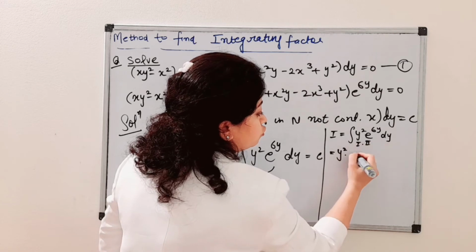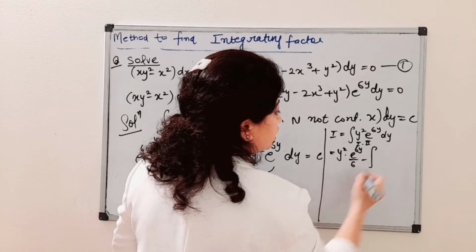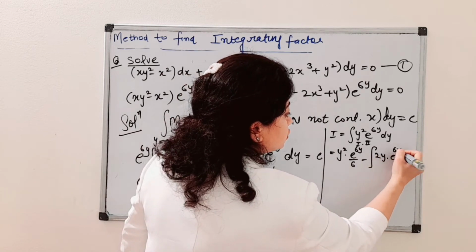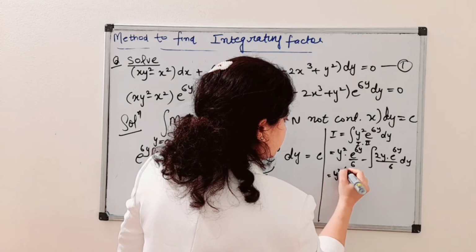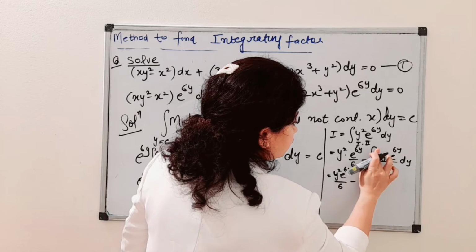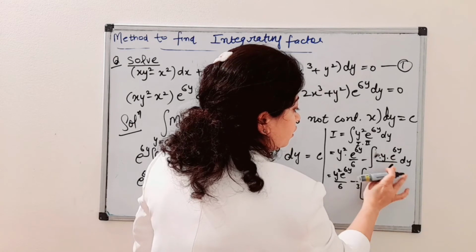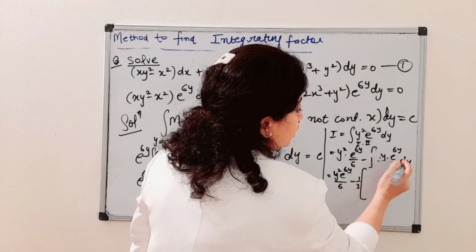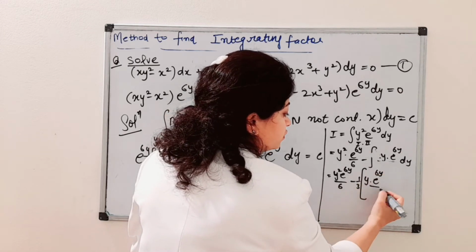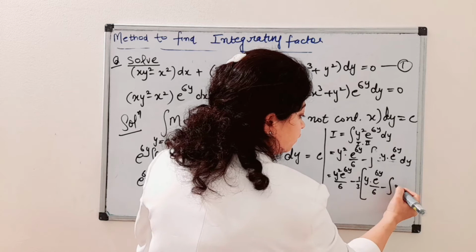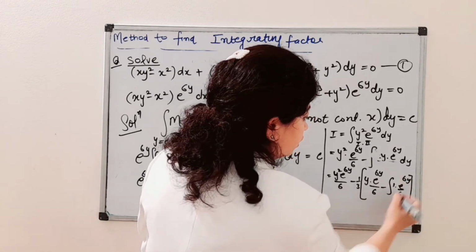First term, e^(6y)/6, integration of second, minus the integration of the differentiation of first times the integration of second. So this is y² e^(6y)/6 minus 1/3 times the integral of y e^(6y) dy. Again: first term times integration of second, minus integration of differentiation of first times integration of second, dy.